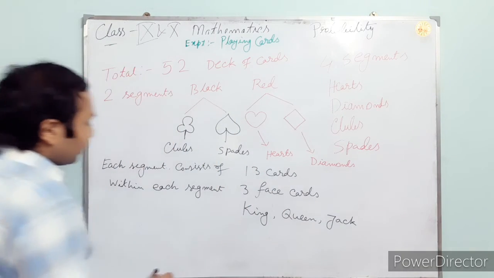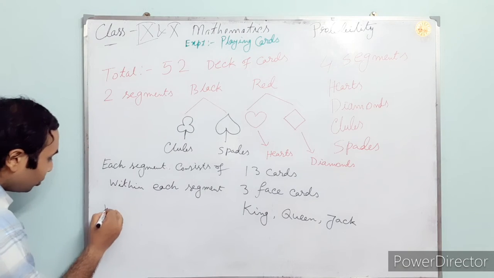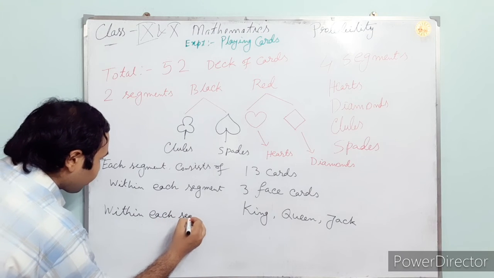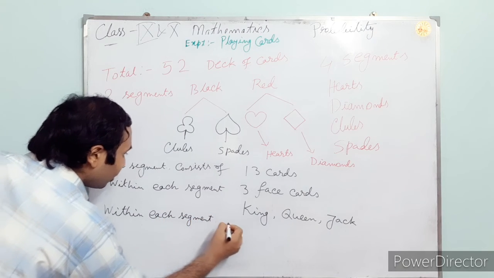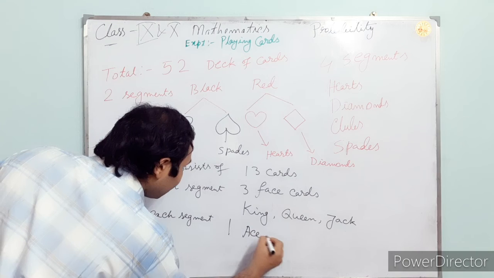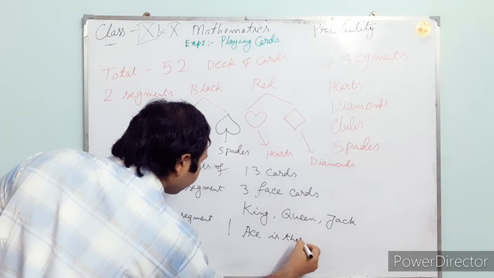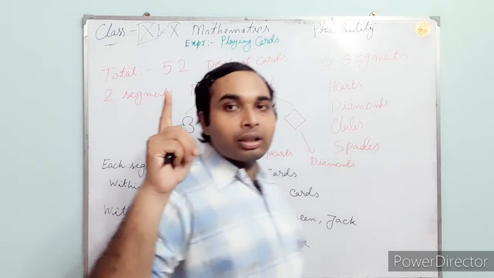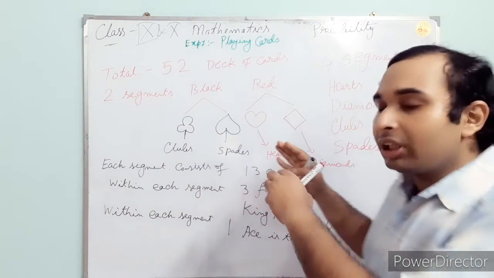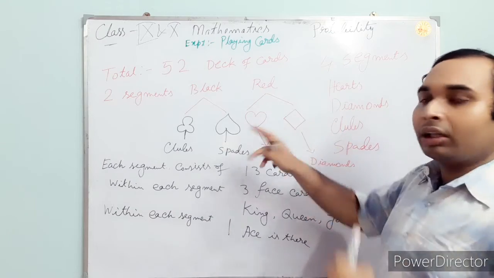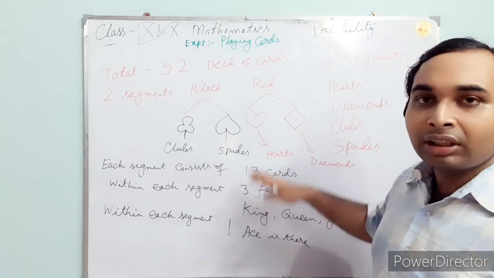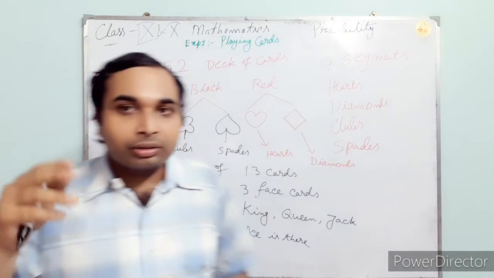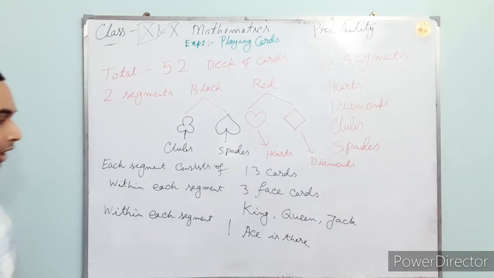Also within each segment one ace is there. Ace is the one-number card, and it is the big one. If you see the card, you will see one big symbol drawn on it. That is the ace card. The value of this card is the greatest among all those cards.